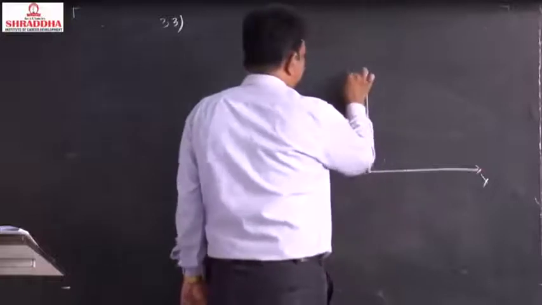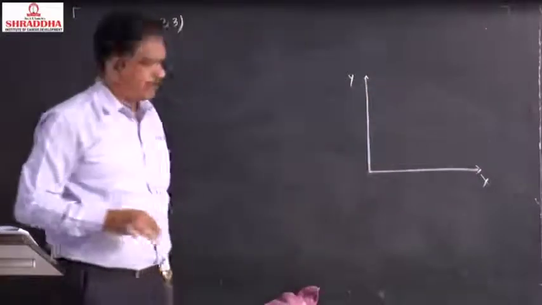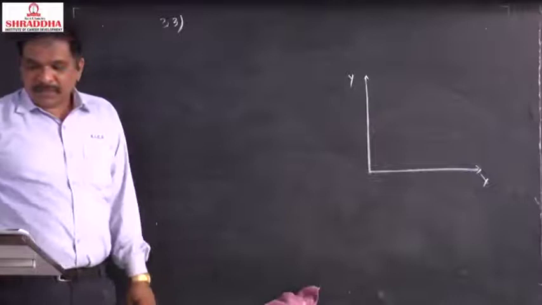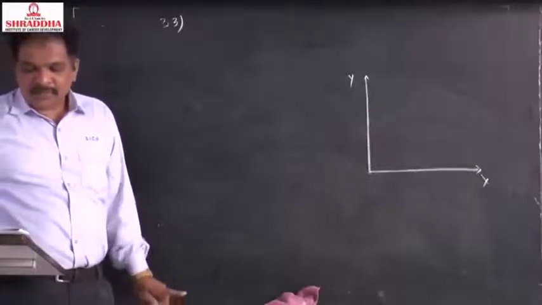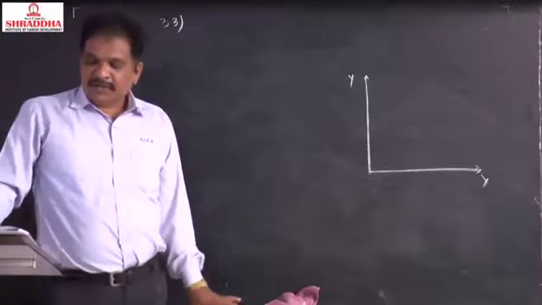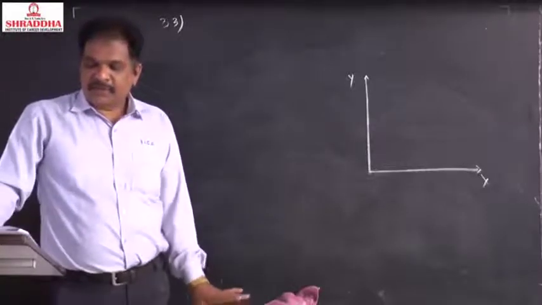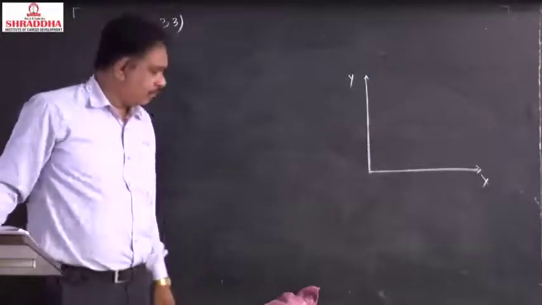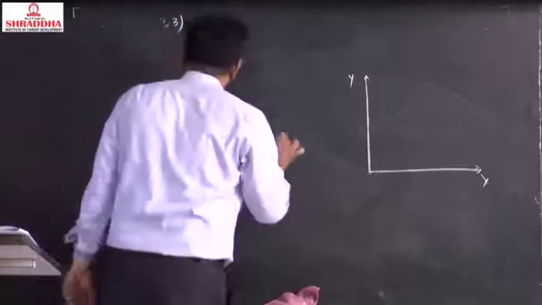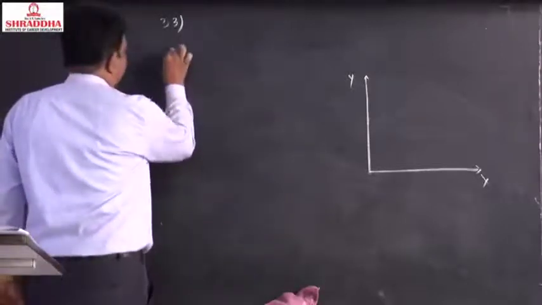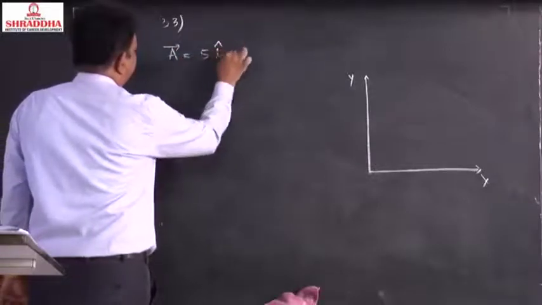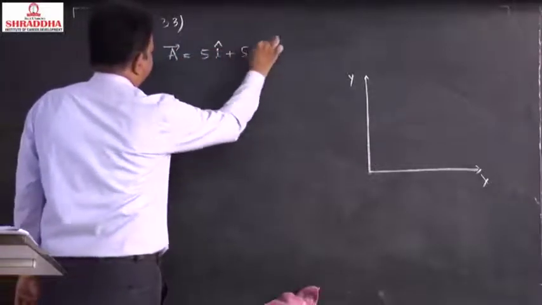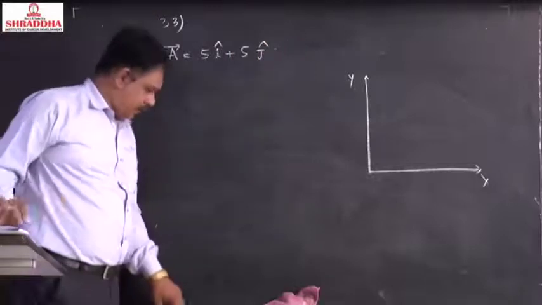So this will be the x-axis, this will be the y-axis. One ball is moving, its velocity components are 5 and 5. For example, A bar is equal to 5 i cap plus 5 j cap.